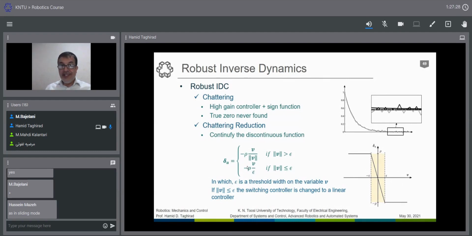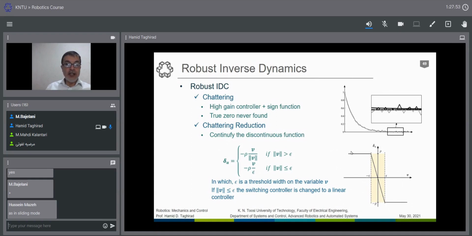If we are within this threshold, we consider a linear part. Instead of having a bang-bang controller, we also have a linear part. We make the discontinuous function a continuous function. You can see this is a continuous function. It is not differentiable, we still don't have differentiability here, but it is continuous.